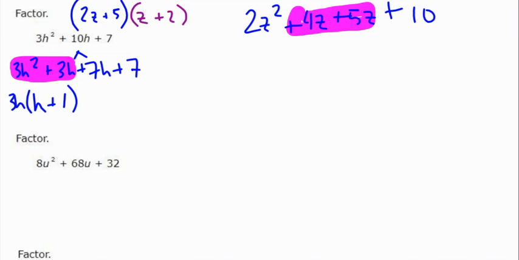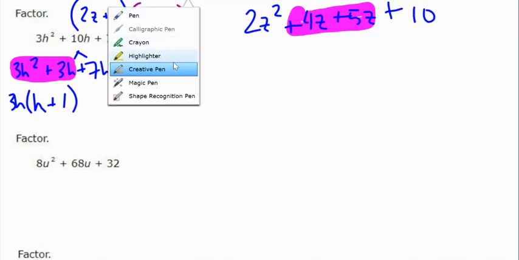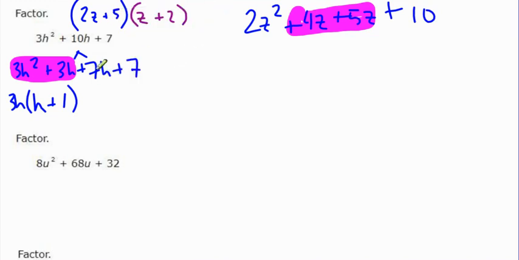Now, same logic with 7h and 7. I want to factor out my GCF of 7h and 7, which would be 7. So I'm going to factor out a positive 7, and I get h plus 1.